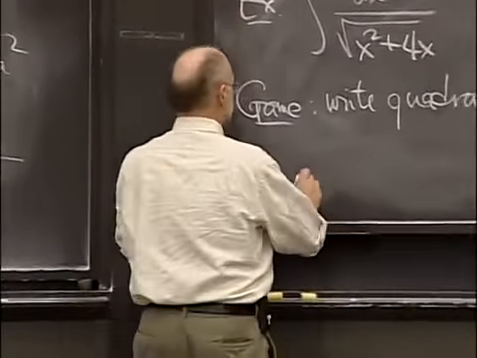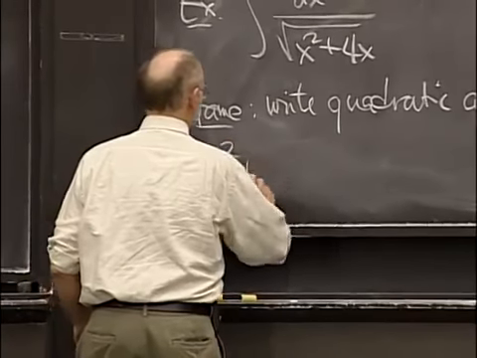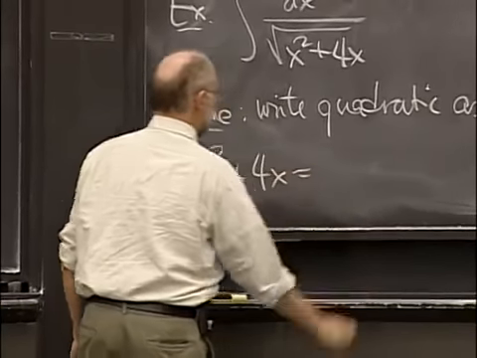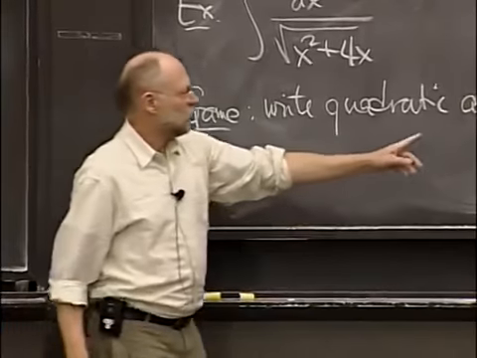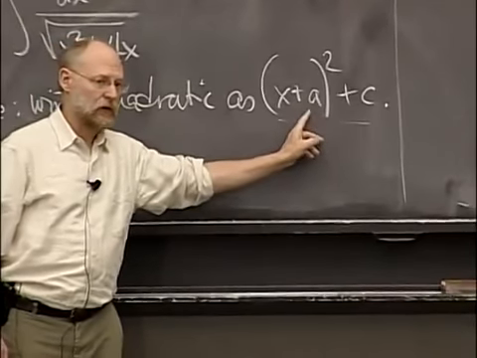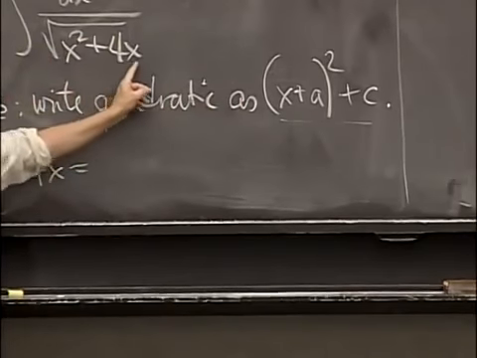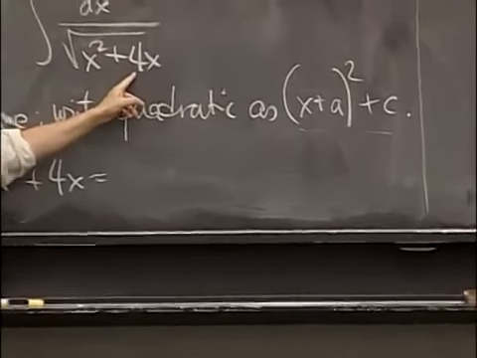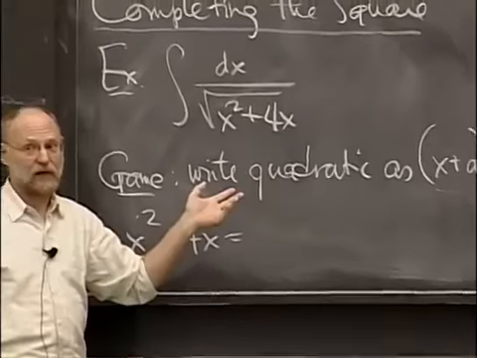So let's do that in this case, x squared plus 4x. Well, if you square this form out, then the middle term is going to be 2ax. And since I have a middle term here, I pretty much know what a has to be.